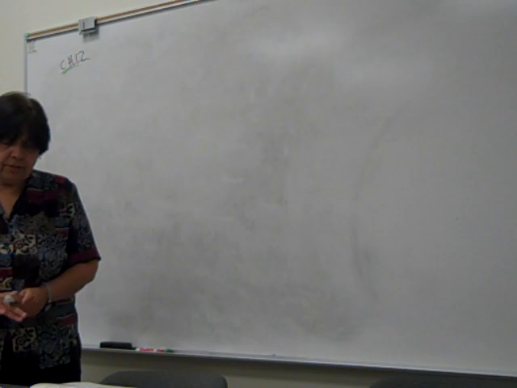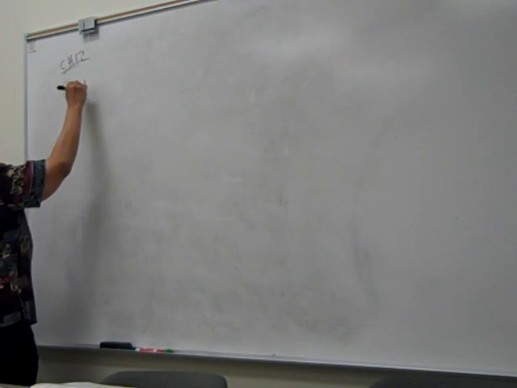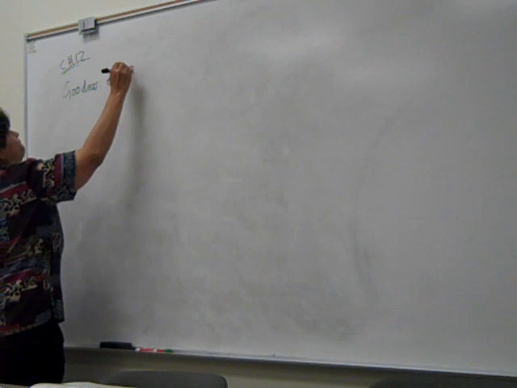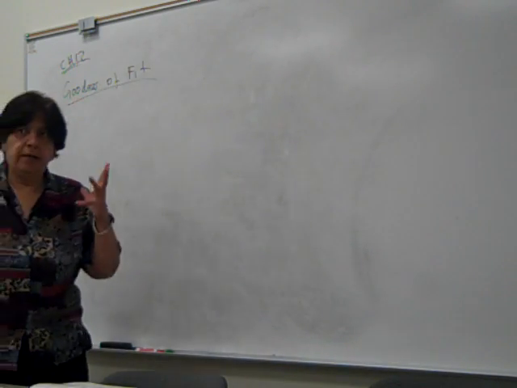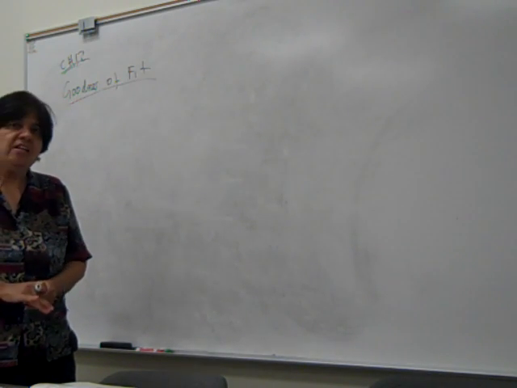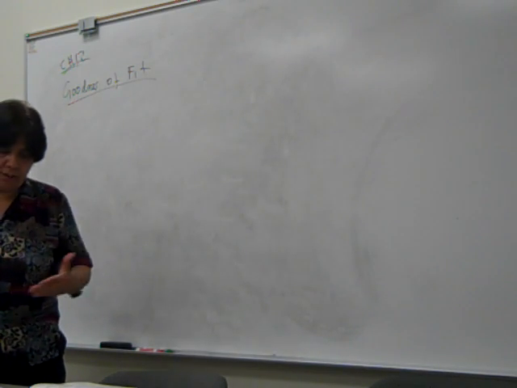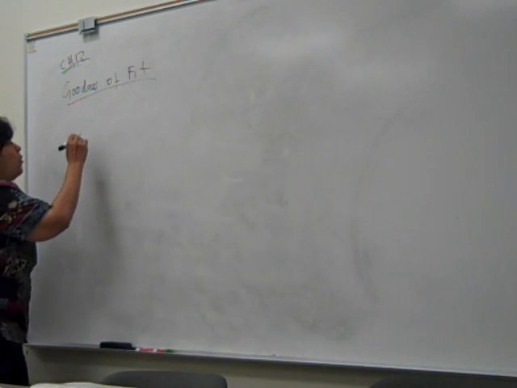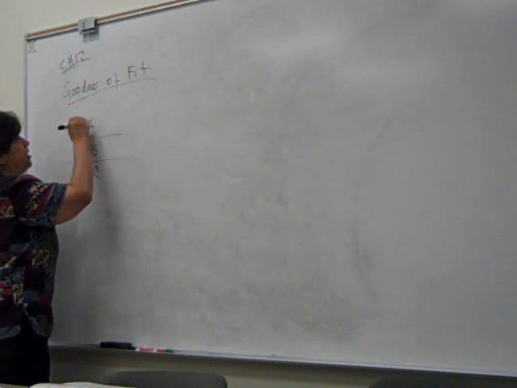Okay, let's start with the goodness of fit. We start with one particular probability distribution where we know the probabilities of each of the categories: category 1, A, B, C, or whatever the number of categories.